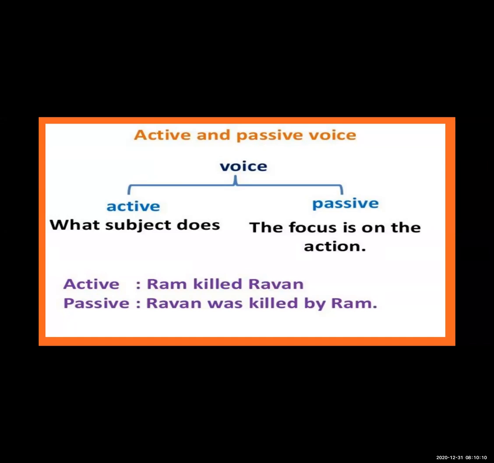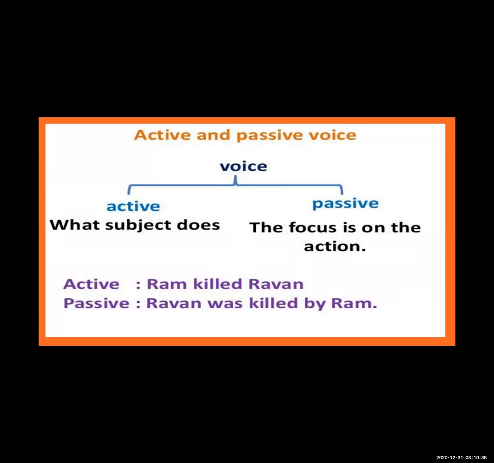Now we'll come to the point of passive. What does passive focus on? It focuses on the action received by the object. Means the action received by the object is what is focused on in the passive form. Like, Ravana was killed by Ram.